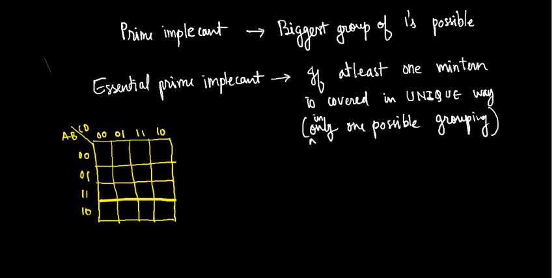Now take the same example which we have taken. Now let's go for a 5 variable Quine-McCluskey method. Take the same example which we took yesterday, solve by the same process, and check if you are getting the same expression which you got for the K-map. Which was that example?